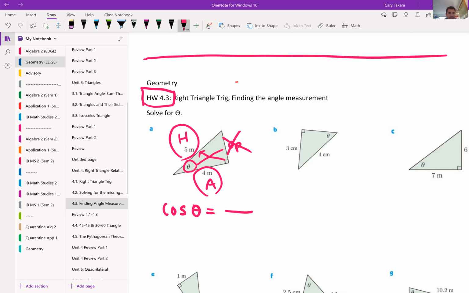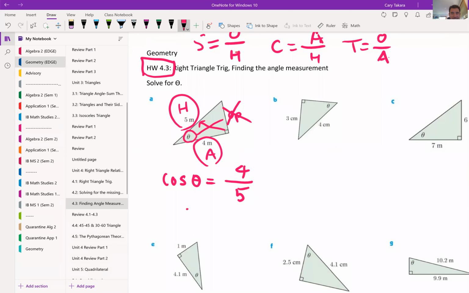Cosine of theta equals, it's SOHCAHTOA. Let's write it down. SOH CAH TOA. Thank you, Abigail. It is adjacent over hypotenuse, so it will be 4 over 5. Excellent. Okay. Now let's find the angle measurement.